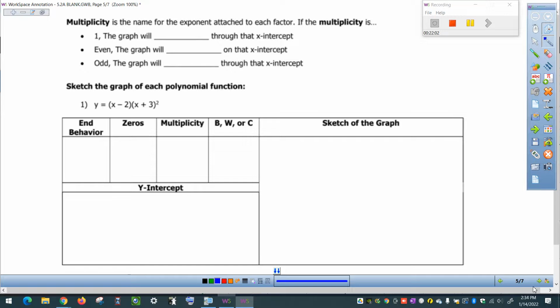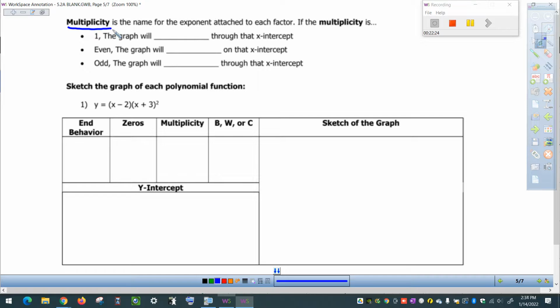All right, now we're going to start off our summary page with a vocabulary term that is going to describe the exponent attached to each factor. Well, instead of just calling it the exponent, there's actually a more formal name here. It's called the multiplicity.